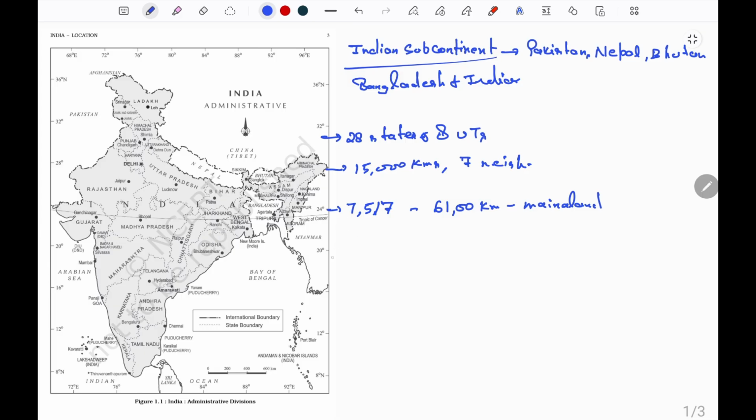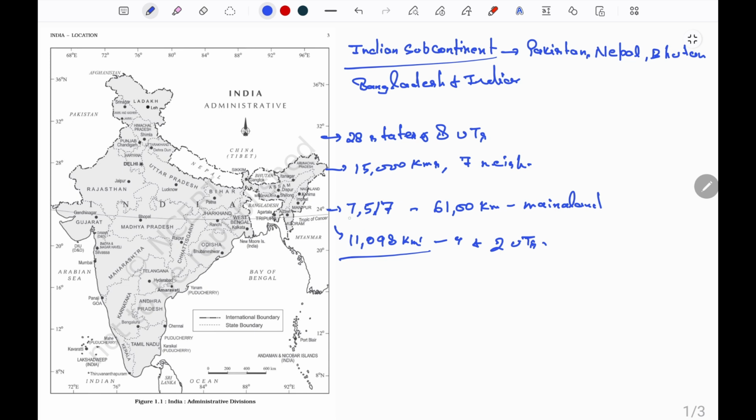Now this has been recently revised by the Indian government to 11,098 kilometers. It spans across 9 Indian states and 2 UTs.